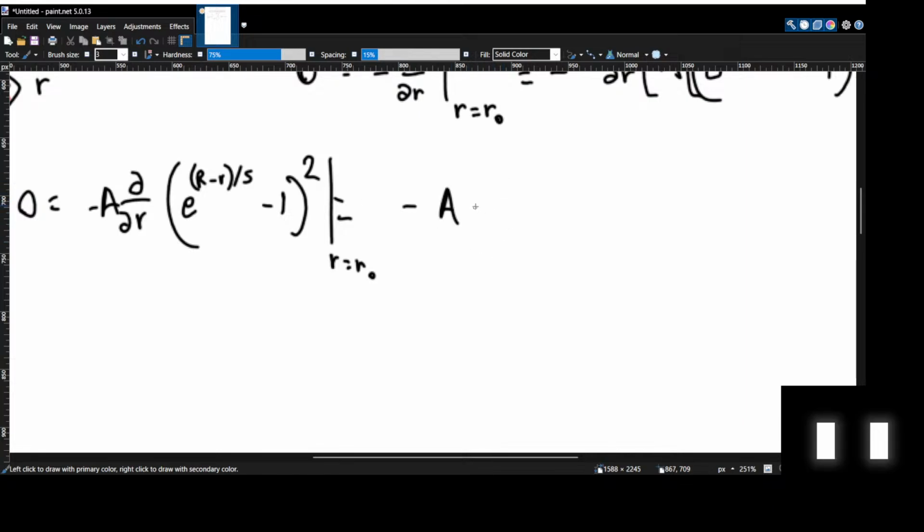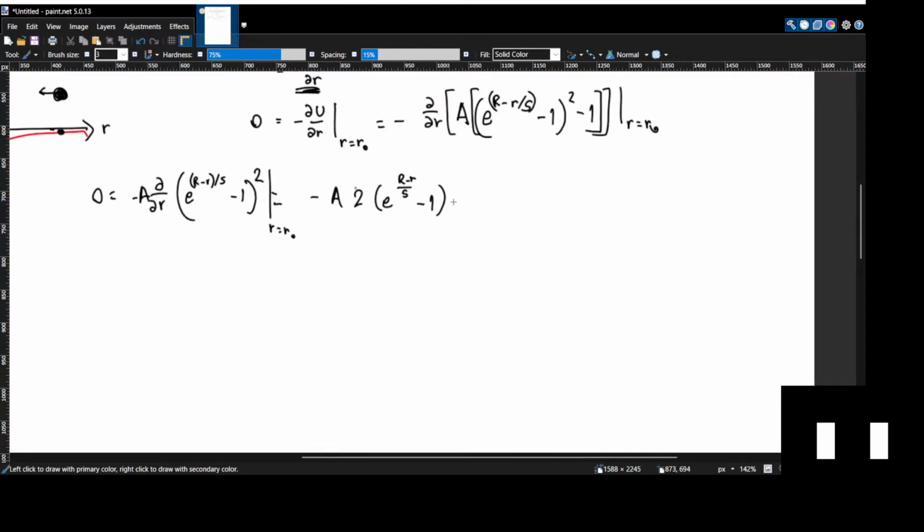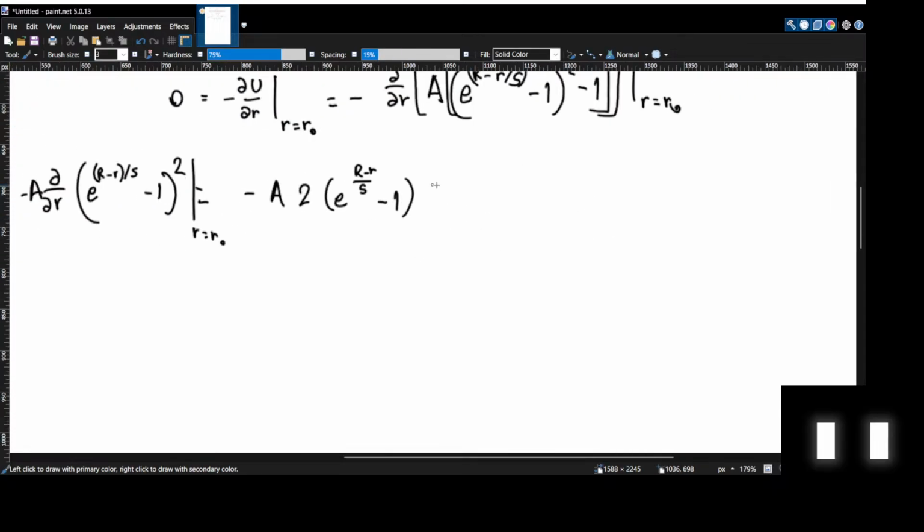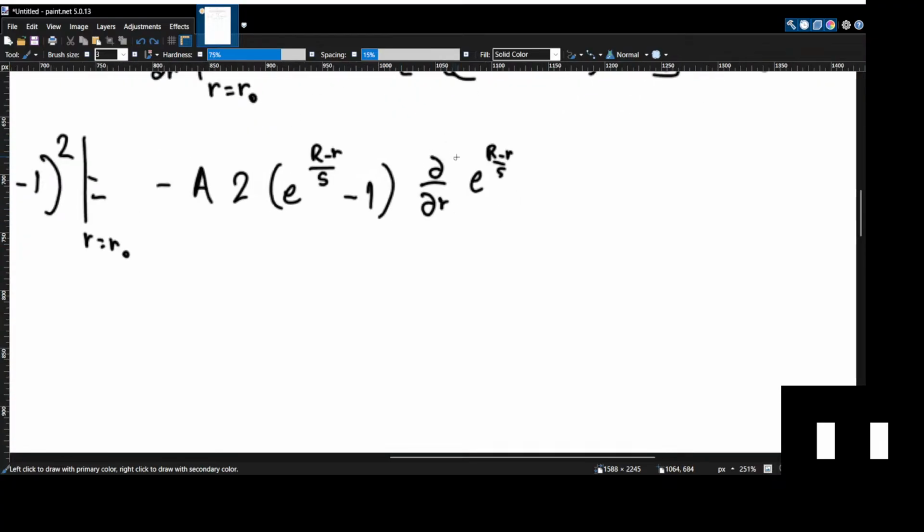If I use the chain rule, we're going to have 2 times e to the R minus R over S, subtracted by 1, and then the derivative of e to the R minus R over S subtracted by 1. The subtraction by 1 doesn't really matter.